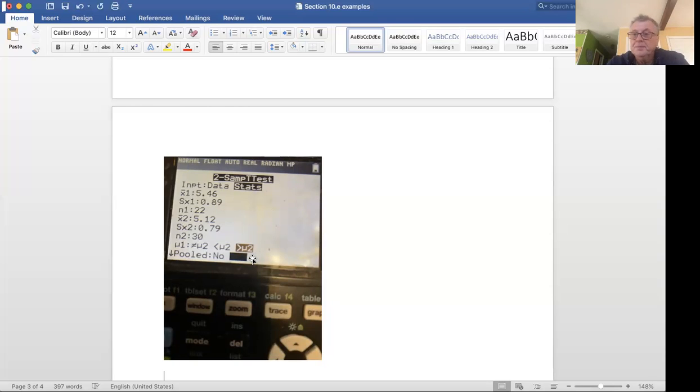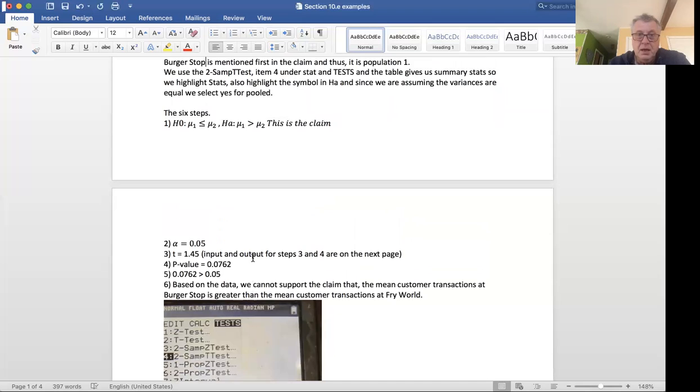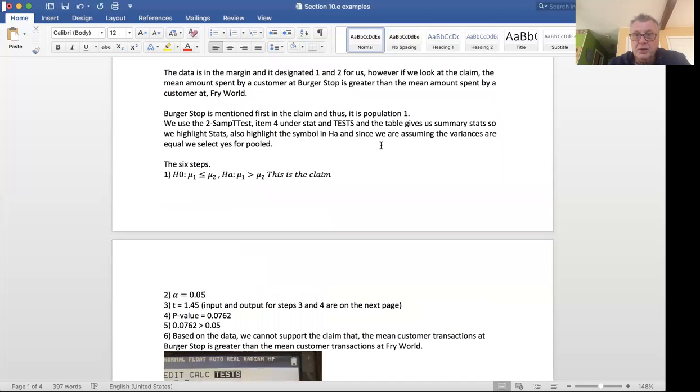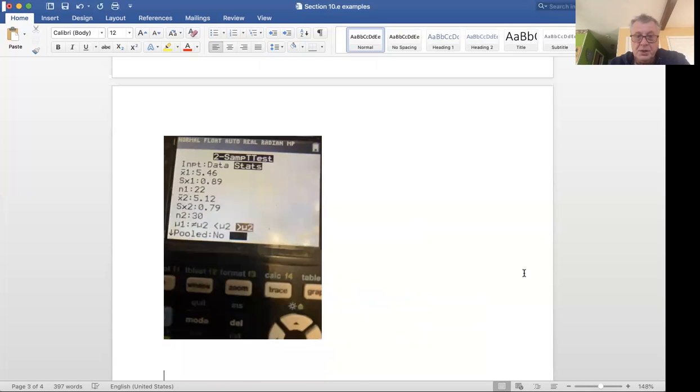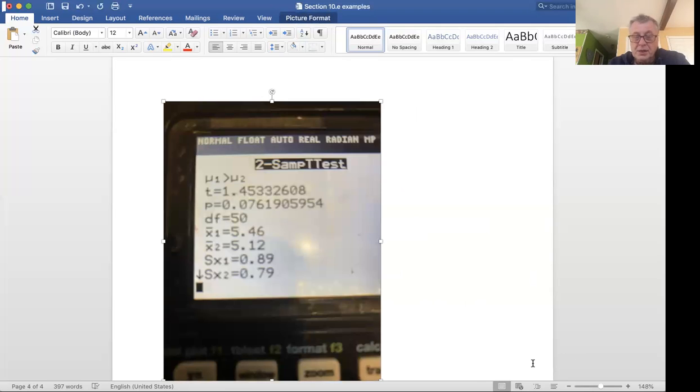Do I pool? In this case, let's go back up. If we assume the standard deviations or variances for the population are equal, we pool. Okay? And we're going to assume that according to the problem. Since that's the case, we highlight yes, press enter, we get this.